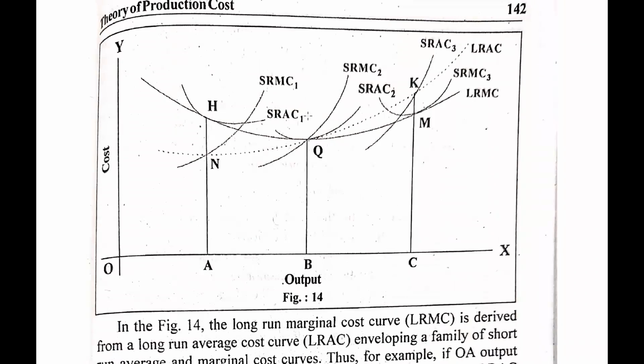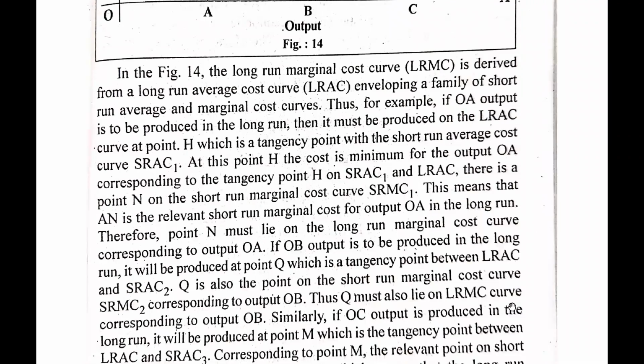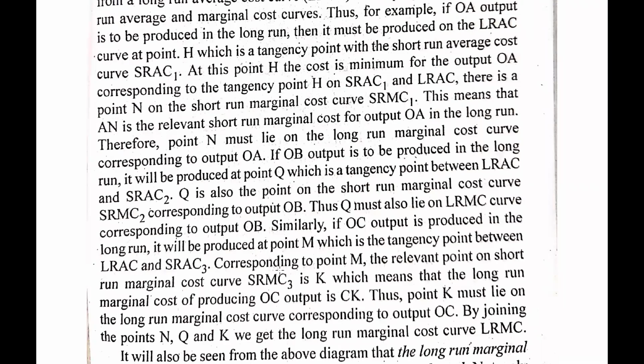There are multiple advantages and disadvantages of all these situations, whether it is K, M, Q, H, or N. What exactly the situation is, how the point is created, and what the situation will be at point H or point Q is explained in this paragraph. You just need to read it and understand.